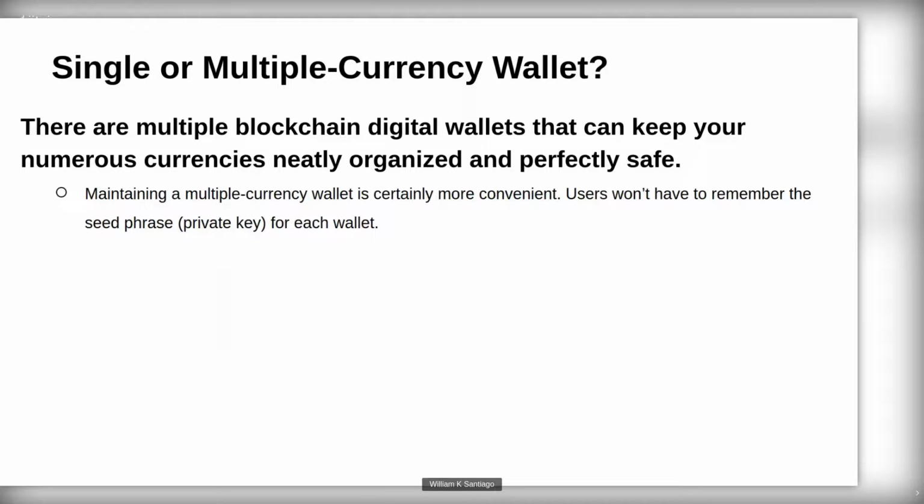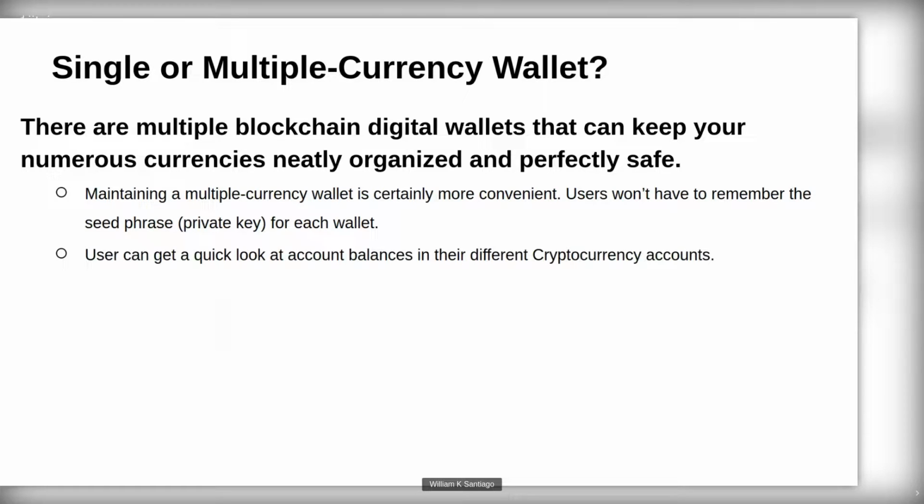So it's obviously a more convenient way to have these things. So you have to weigh your risk factors. How do you really want to have all your eggs in one place? All your wallets secured by one 12-word phrase or 24-word phrase, right?